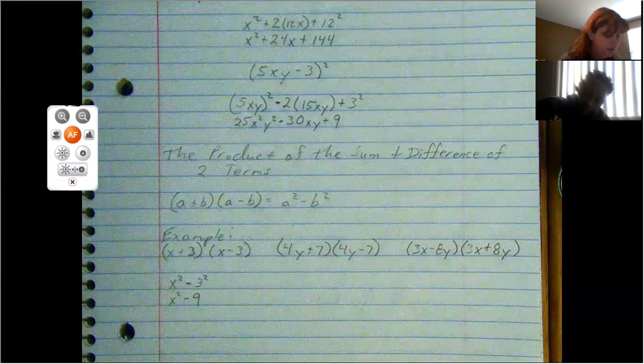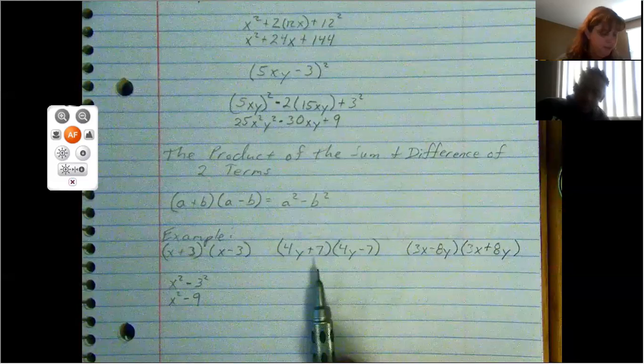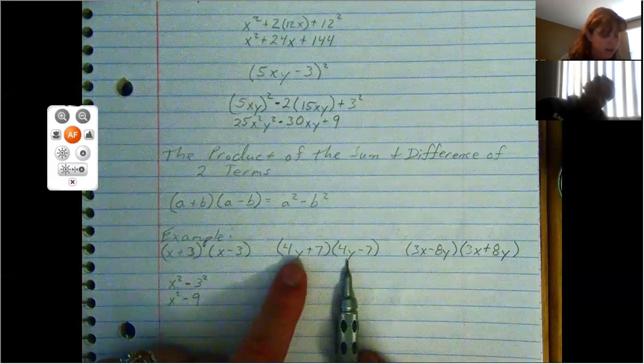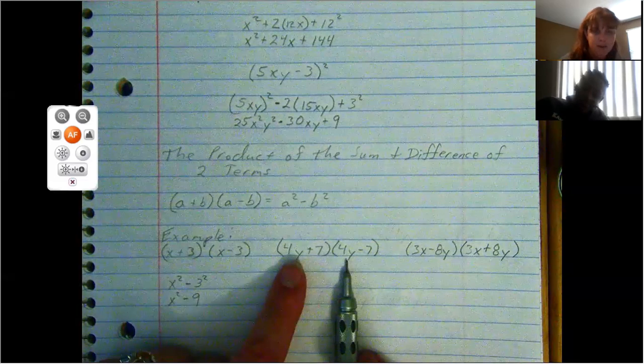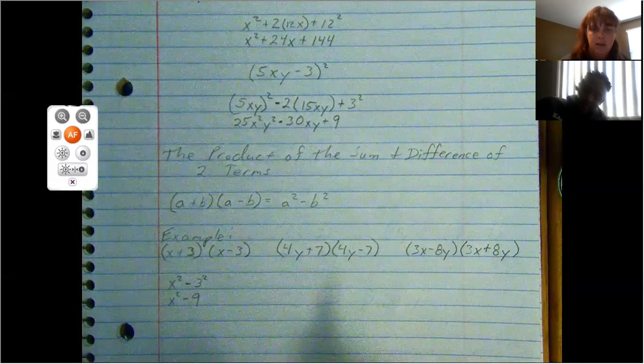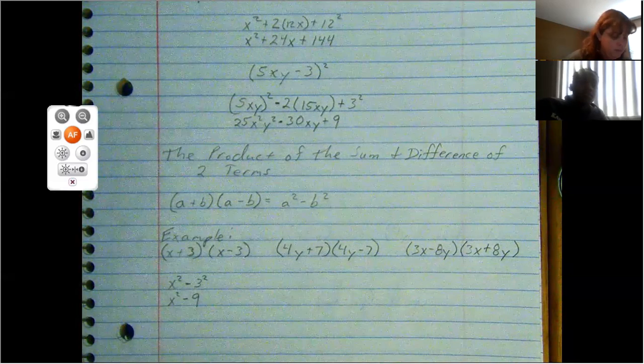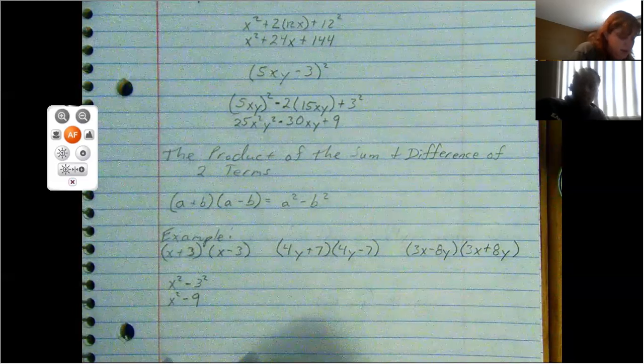Okay, let's try the next one. Now this time I have some numbers in front of our first variable. So we've got a 4y plus 7 and a 4y minus 7. So now what would my first term be? 4y squared. Okay.